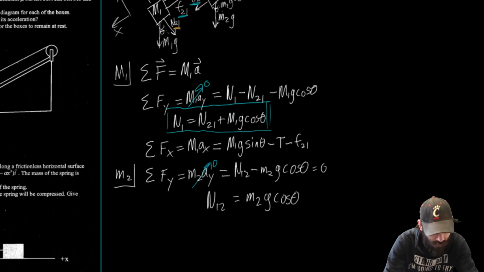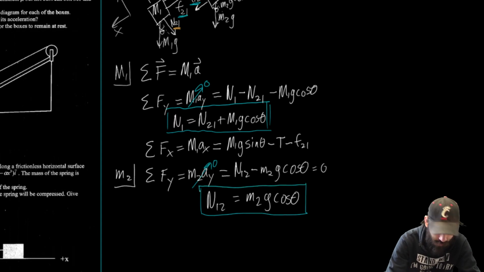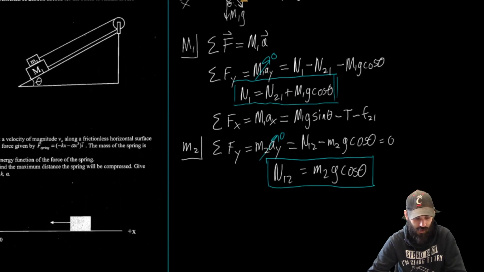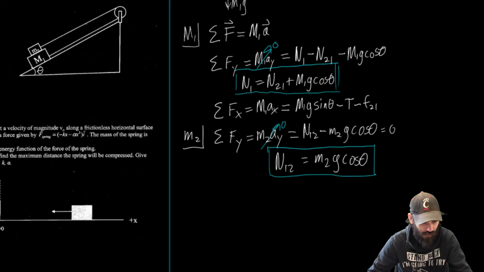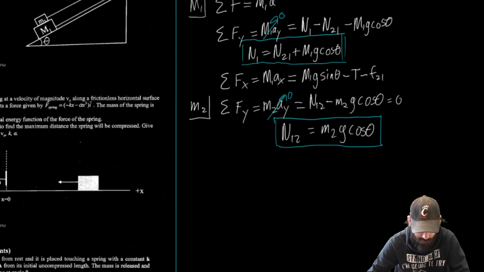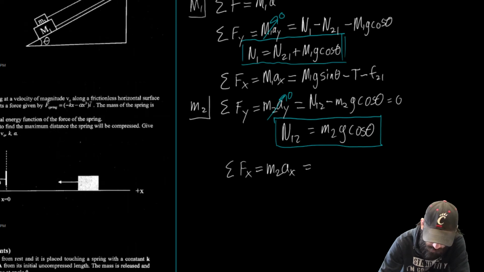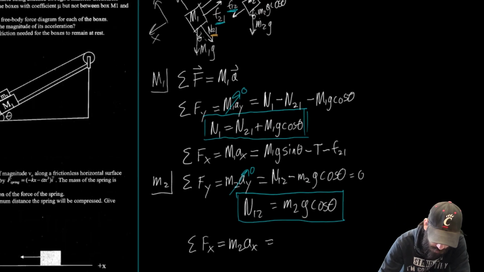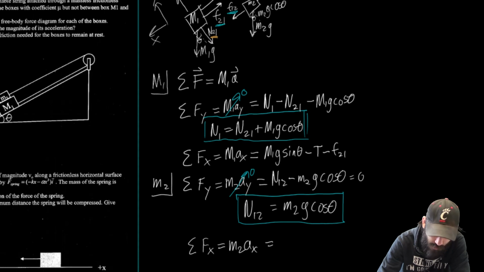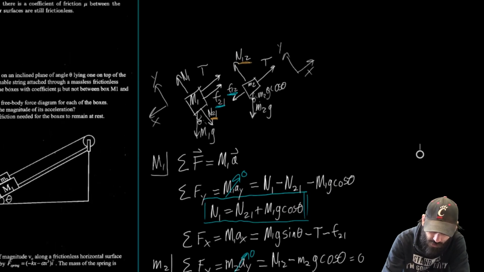Okay. Now, this was useful information because ultimately this is going to be related to our force of friction if these things are moving. Okay. So now what we're going to do is sum our forces in the x direction. So sum of forces in the x direction is going to be M2 times AX, which is going to be equal to, now we have to be careful here because we changed the direction of our coordinate system.